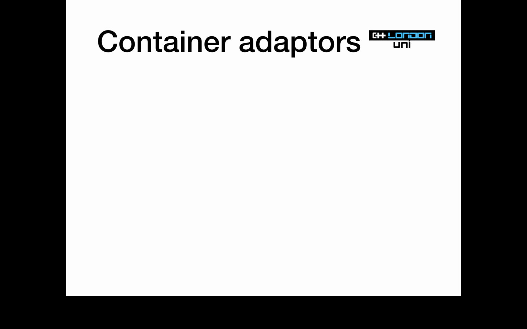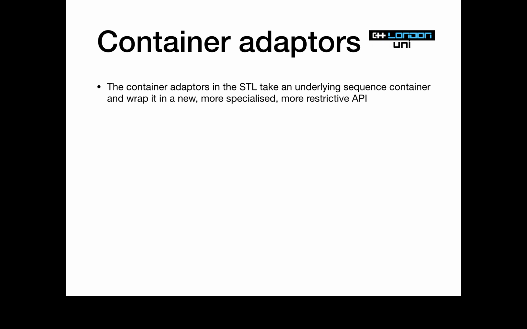And just finally, very quickly, I've talked about sequence containers, associative containers, unordered associative containers. The last category I had on the first slide was container adapters. Container adapters wrap sequence containers to give them a slightly different, more restrictive user interface.